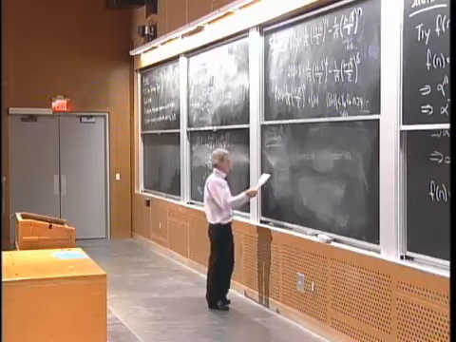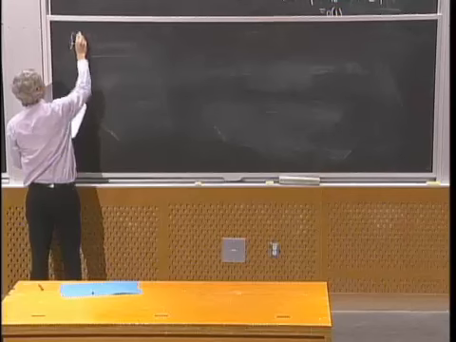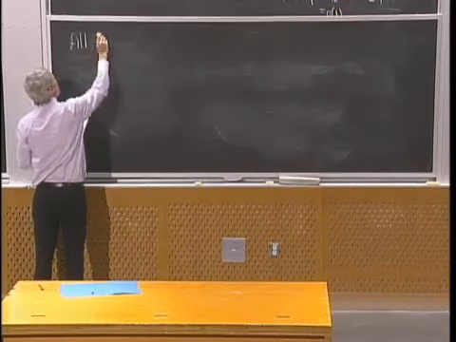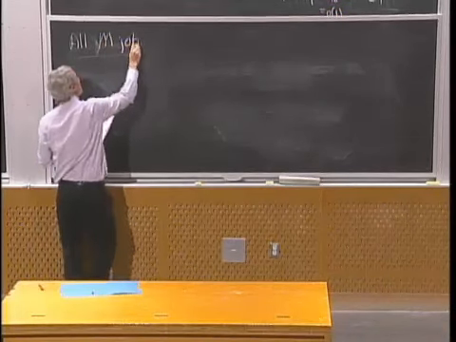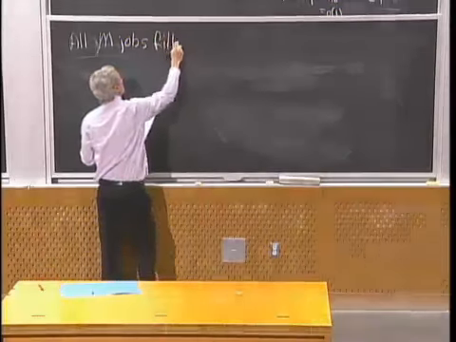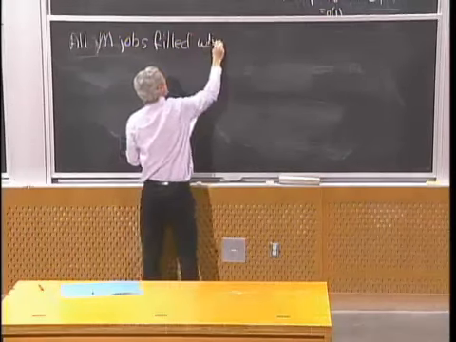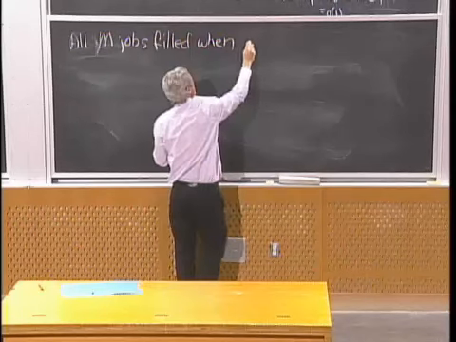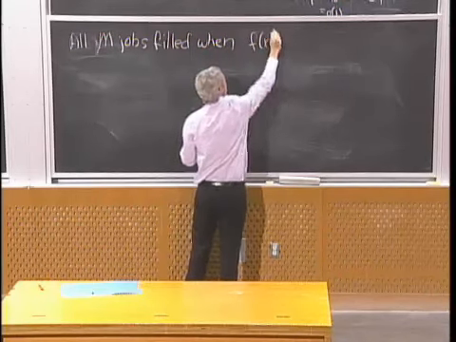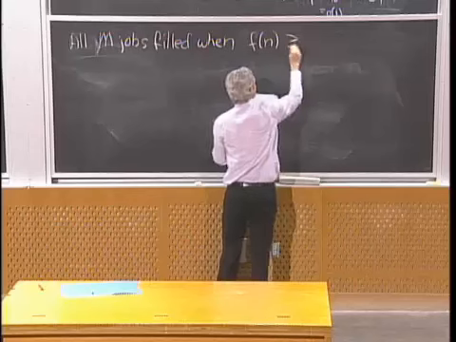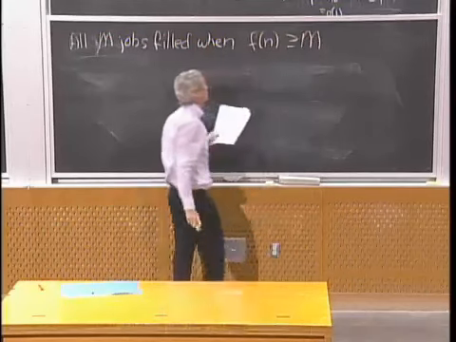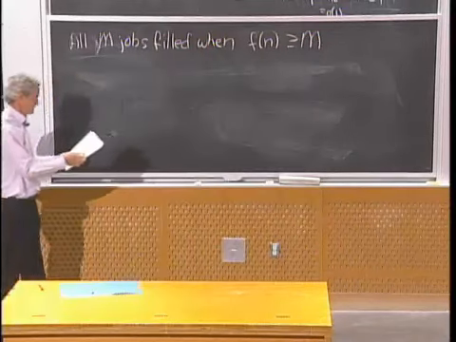To see when all m jobs are filled, we need the n for which F(n) is bigger than or equal to m, when we get a Fibonacci number that's bigger than m.